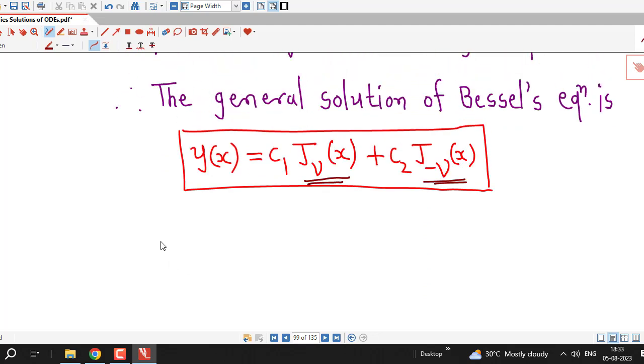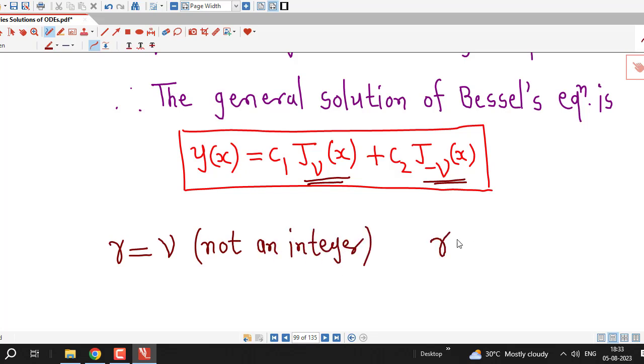So we have written the general solution of Bessel's equation when the root of the indicial equation, which is r equal to nu, is not an integer, and the other root is r equal to minus nu.